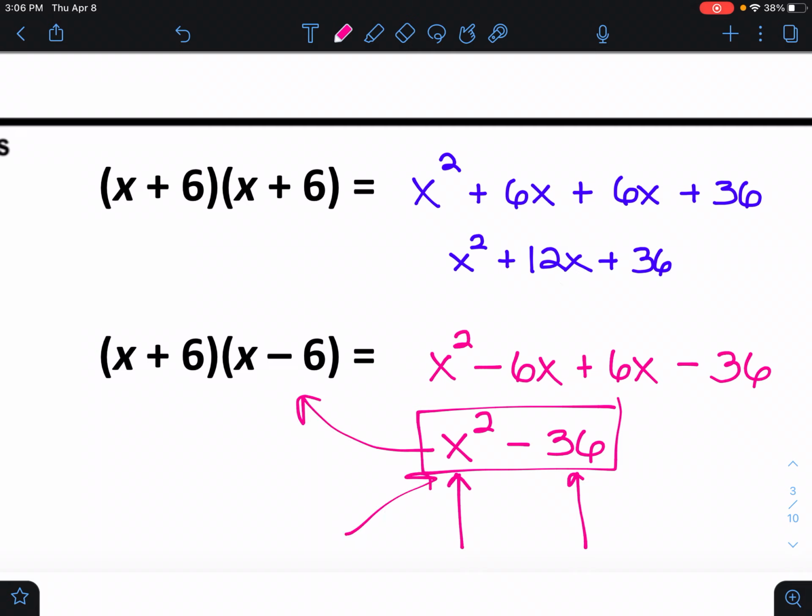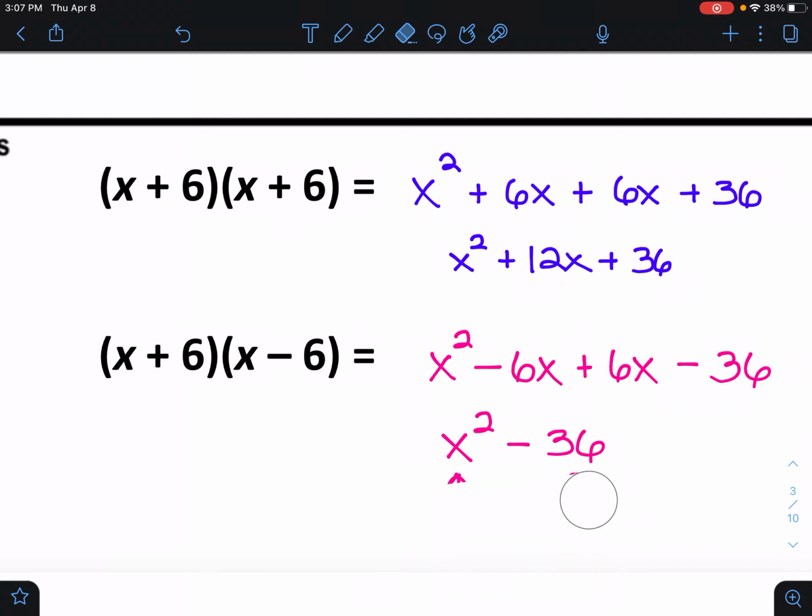Square root of x squared is x. I could take the square root of 36, and that's 6. And then if I just write one's positive and one's negative, that's how I could get there. So that's a lot of information, but this x squared minus 36 is my difference of two squares.